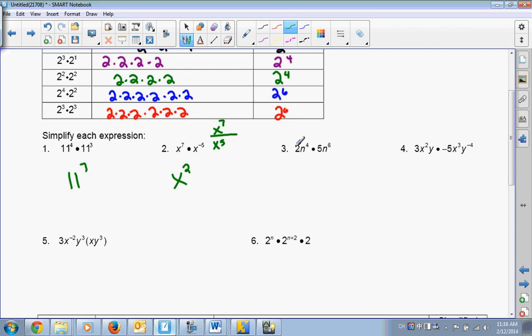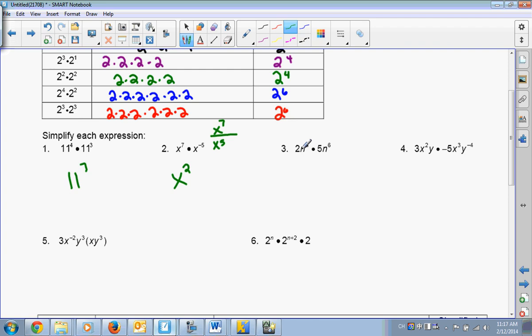Okay, here's where it gets kind of weird. Because remember I told you don't multiply the bases. However, we have numbers here, the 2 and the 5, that don't have exponents. What are these numbers called? It starts with a C. Good. It's a coefficient. The coefficient is not attached to this power of 4.